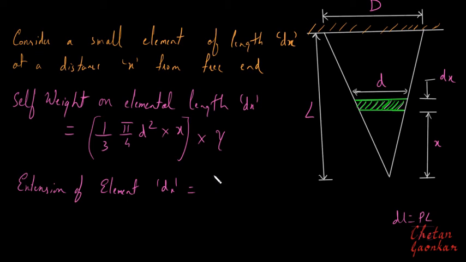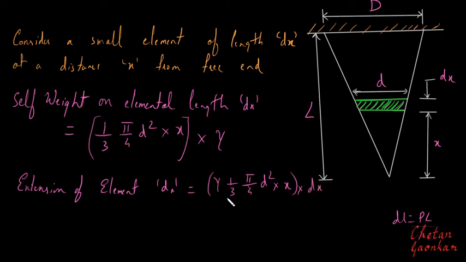P is gamma times 1/3 of pi by 4 d square multiplied by x, right? How did we get it? From the self weight, which here acts like a force. Then I have to multiply this by the length. The length of this small element is just dx, right?